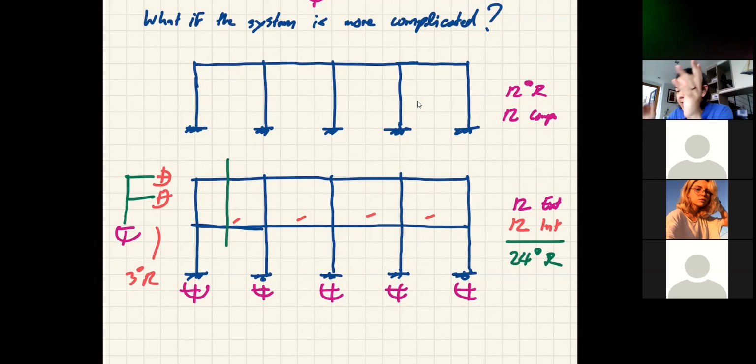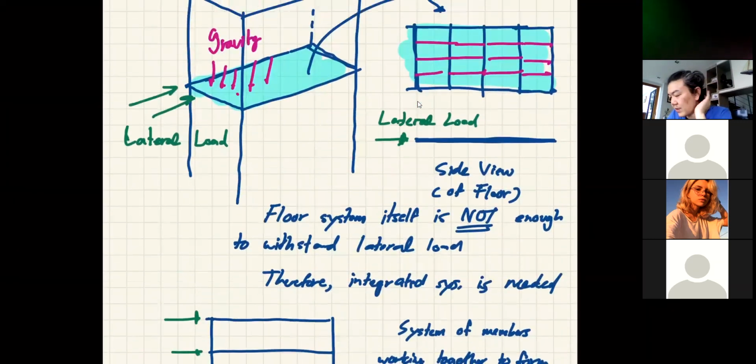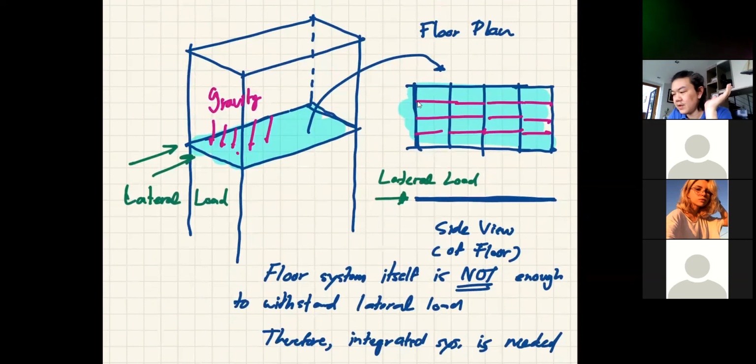Okay, let's say this is the frame system. Let me try to simplify the problem and look into the floor. Okay, let's look at this floor. Sometimes people can build the beams as simple beams. It depends on what kind of structure you are going to use.